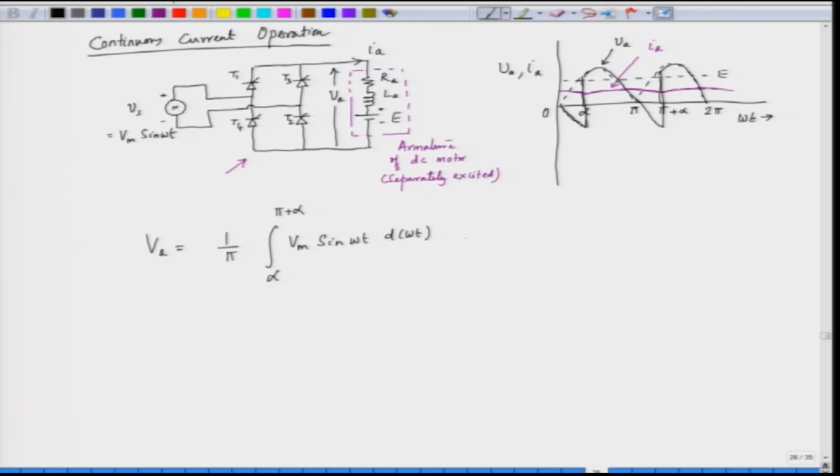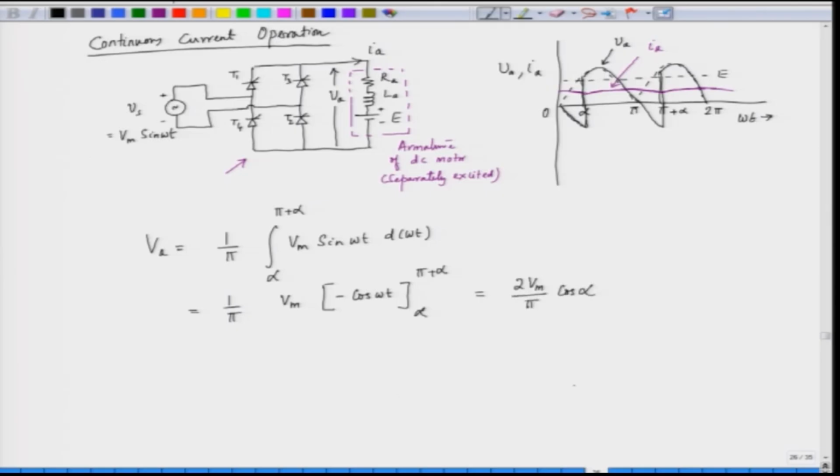That is equal to 1 by pi into V m into minus cos omega t, from alpha to pi plus alpha. So, what we get here is 2 V m by pi into cos alpha.